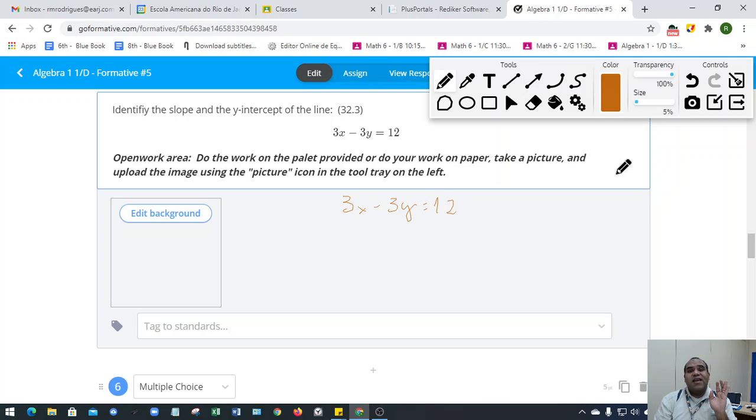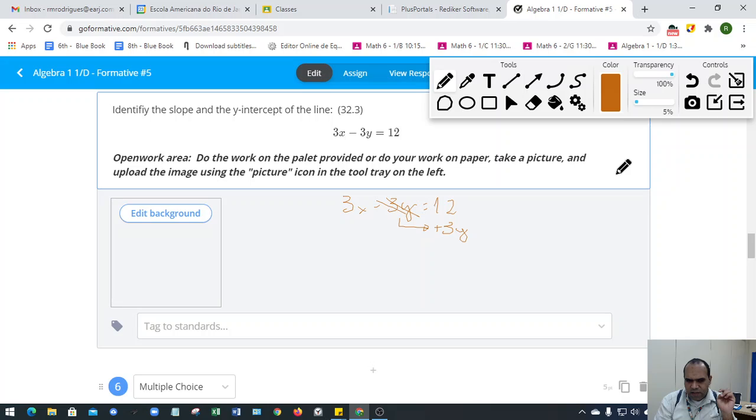As I told you guys, y is a guy very, very alone. He needs to be by himself. Let's move it, and we need to keep y positive. To keep y positive, I'll move y by its opposite, positive 3y.